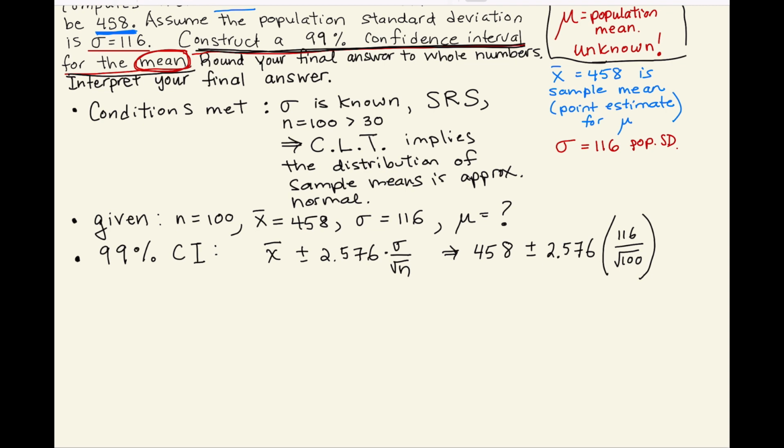If I were to pop this whole thing into my calculator, I would get two numbers. Subtracting, we get 428.11, and I'm going to stop there because I'm rounding to a whole number. Then 487.88. If I round, this gives me the interval 428 and 488. So this is my confidence interval.